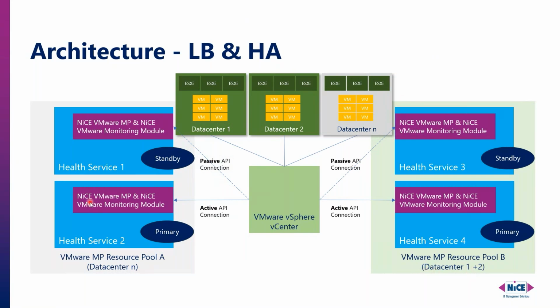Altogether, we have 4 management servers, and the connections all go to one vCenter, or there could also be multiple vCenters. If you have 3, 4, 5 vCenters, you can combine that in the same way. You can use one resource pool for 2 vCenters or also a single one. This gives you the whole capability of load balancing and high availability, and also ensures you can scale across multiple management servers.